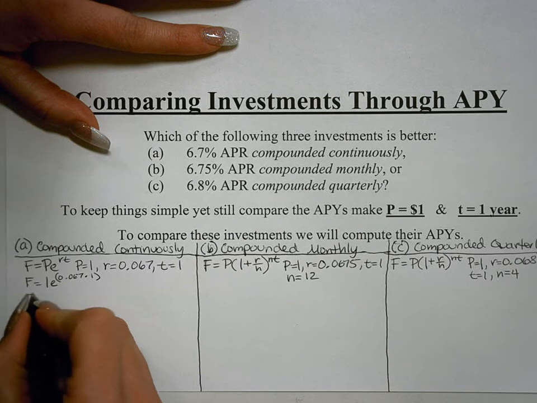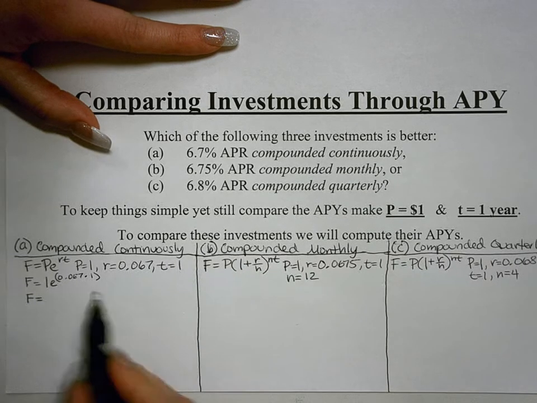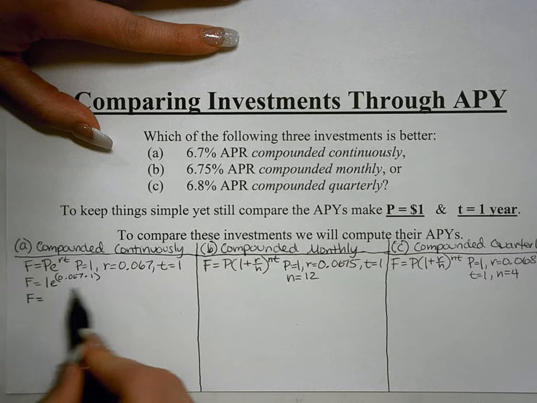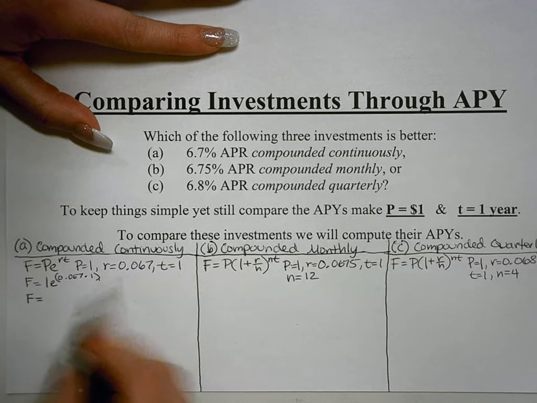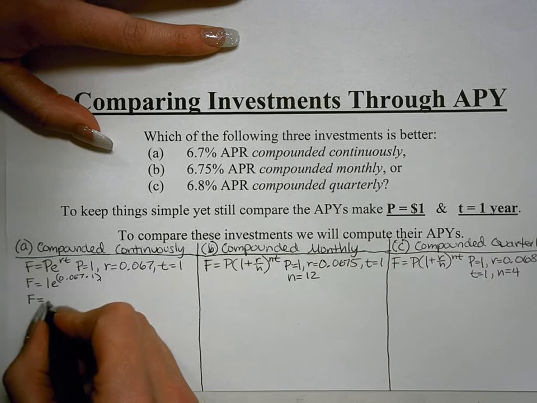And let's simplify this. 1 multiplied by this number is just going to be this number, so this 1 is really unnecessary. So I'm going to write e.